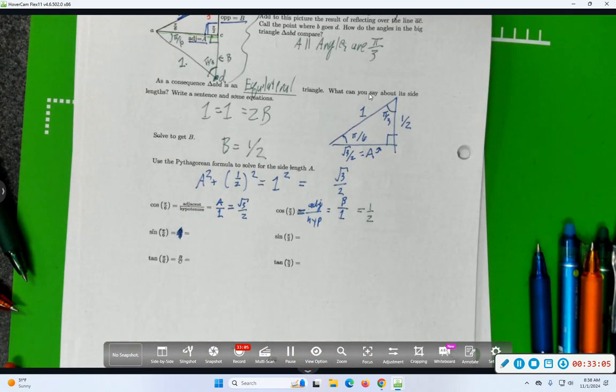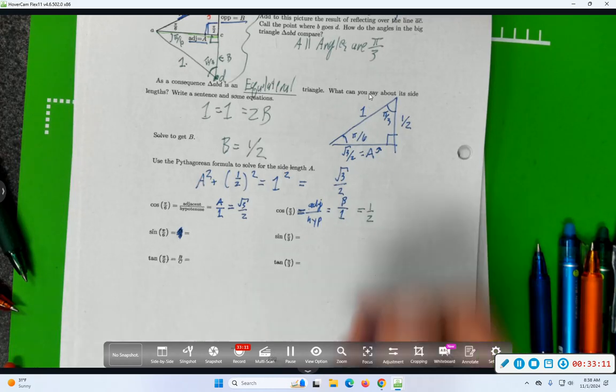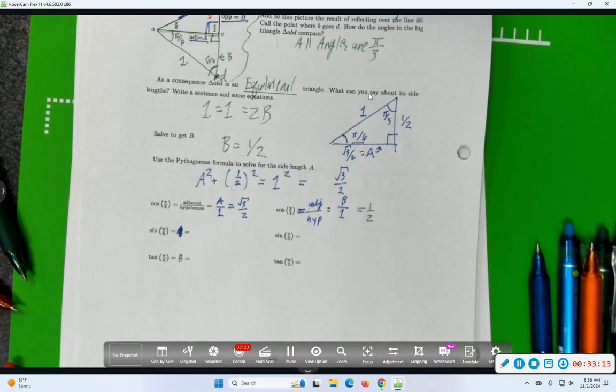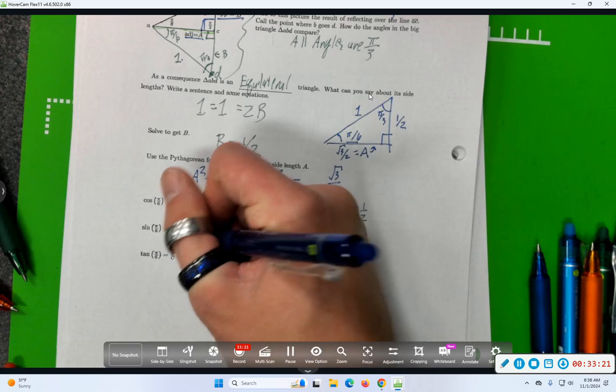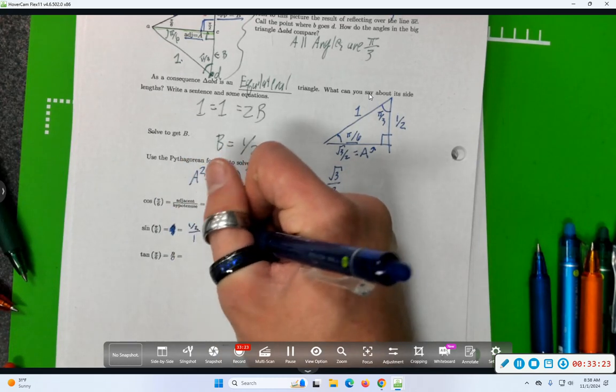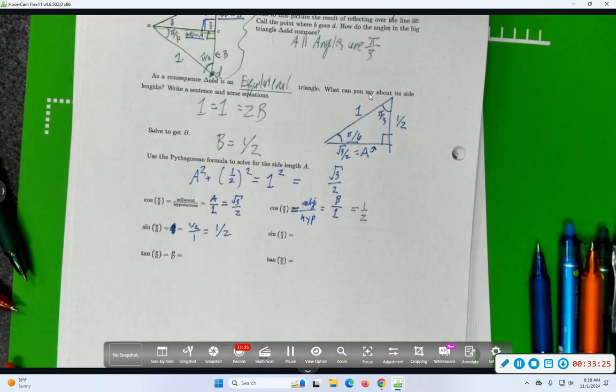Sine is opposite over hypotenuse. There's pi over 6. What's the side length opposite? 1/2. What's the hypotenuse? 1. So that simplifies to just 1/2. How about sine of pi over 3?